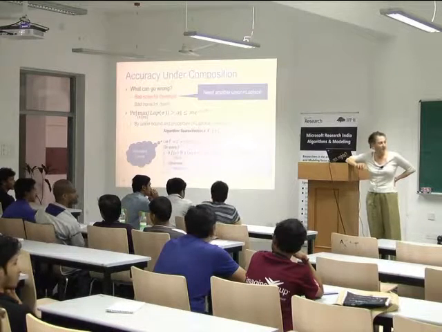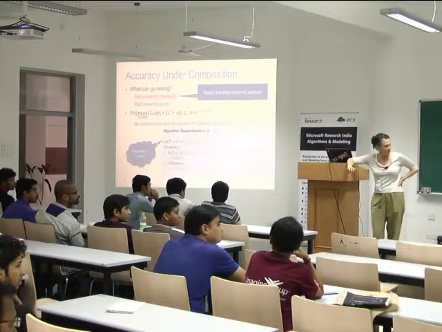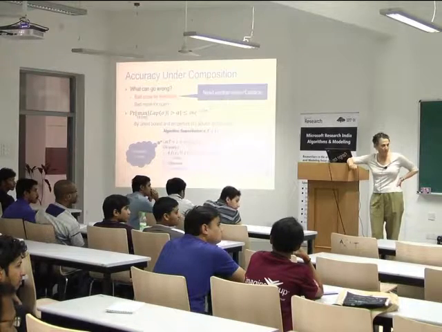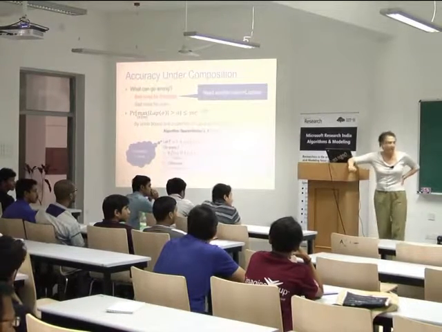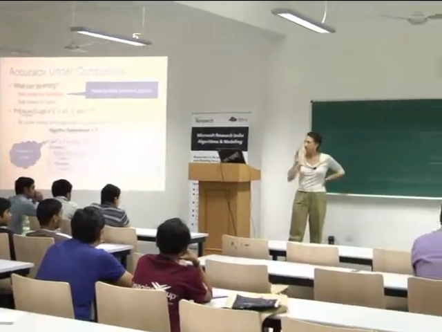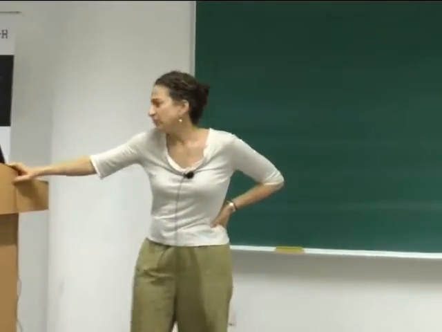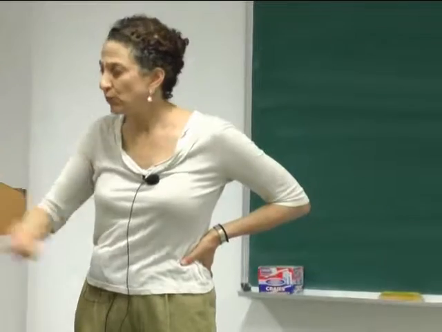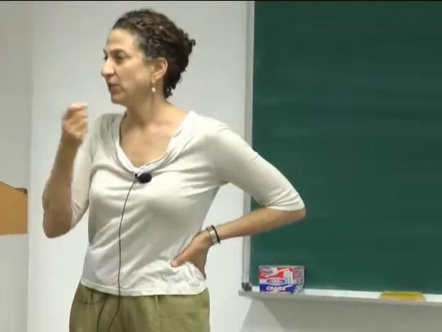And also the noise you're getting is 2 over epsilon over here, where it was 2k over epsilon. So the difference has to do with re-randomizing the threshold after each significant query.